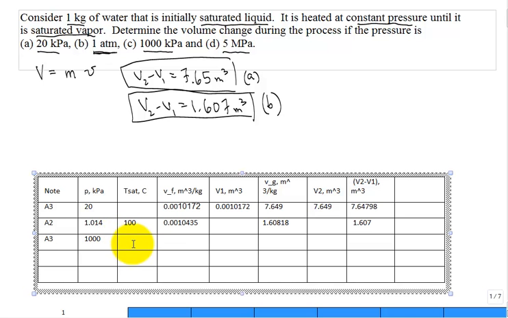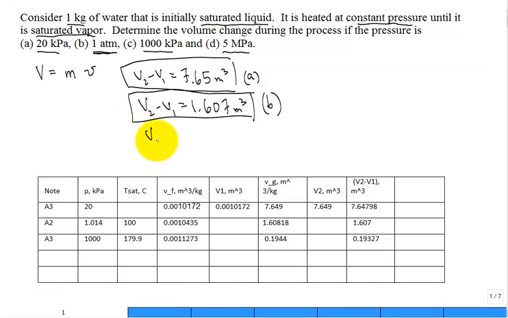If you want, you can put 179.9 for the temperature, 0.0011273, and then V sub G was 0.1944, and then the volume change comes in at 0.19327, and so on.